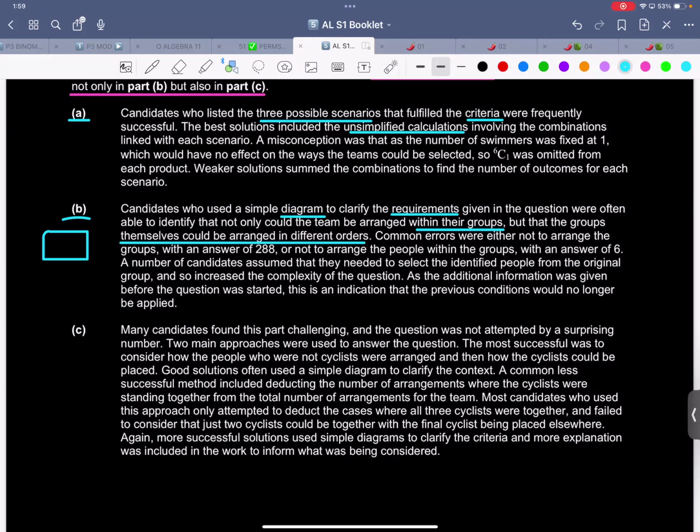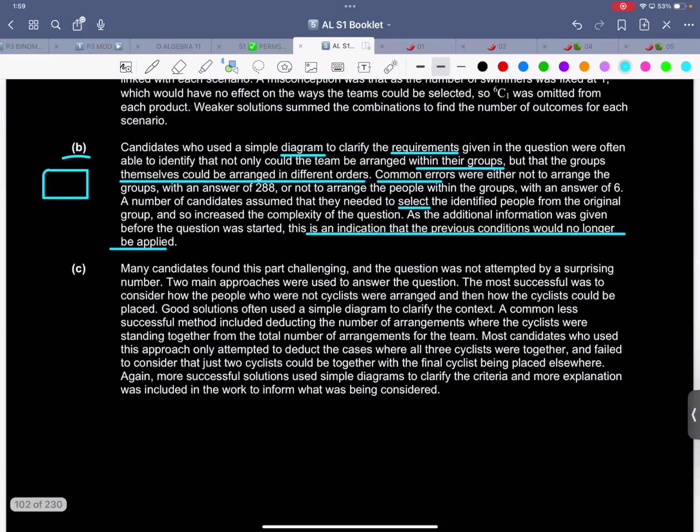Now it says common errors were either not to arrange the groups, with an answer of 288, or not to arrange the people within the group. So these are errors. A number of candidates assumed that they needed to select the identified people. That means they were thinking that this is combination and not permutation, so they increased the complexity of the question. As additional information was given before the question started, this is an indication that the previous condition would no longer be applied. The number of swimmers and all these things changed.